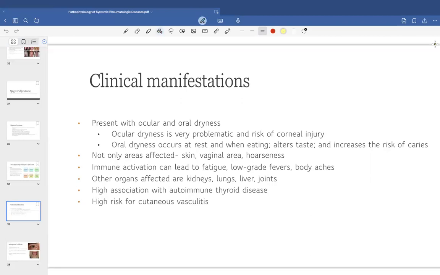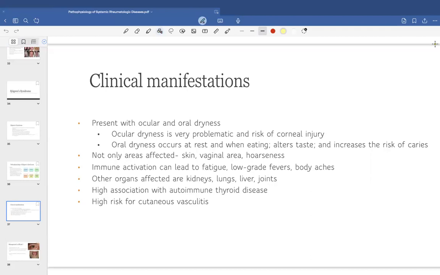With the immune response, just like in some of the other rheumatologic diseases, they can actually feel the overall impact of ongoing inflammation, which is fatigue, potentially low-grade fevers, body aches. So all of those can be part of it.